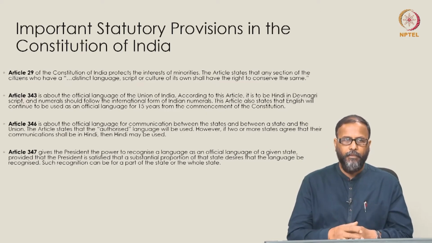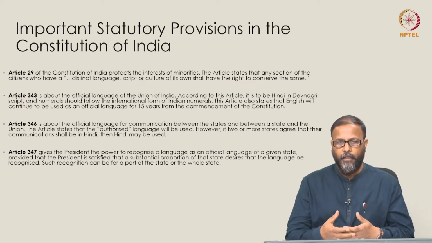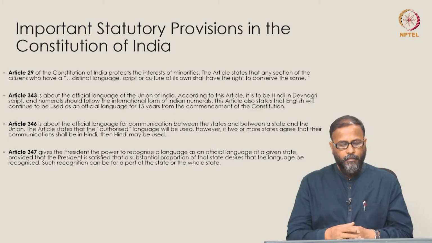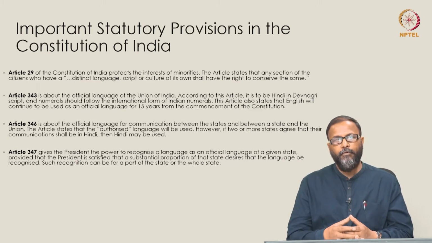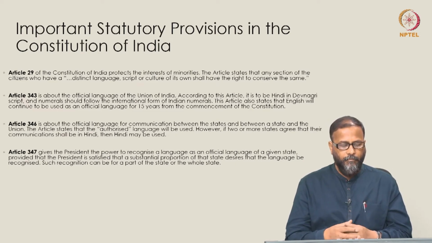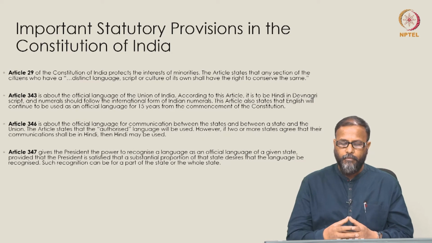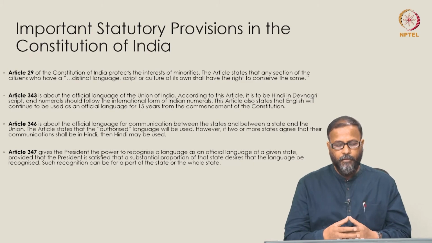Of course, Article 343, as I've been telling you time and again, is about the official language of the Union of India, and according to this article, it is to be Hindi in Devanagari script, and numerals should follow the international form of Indian numerals. Article 346 is about the official language of communication between states and the Union.